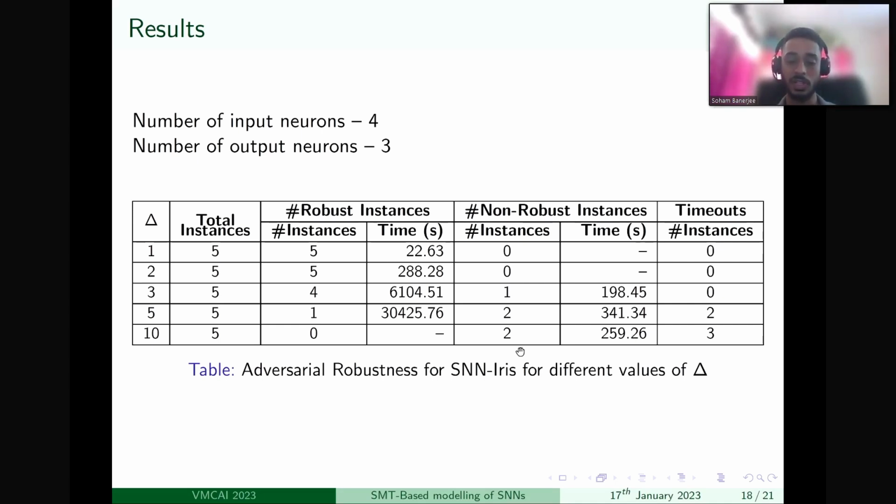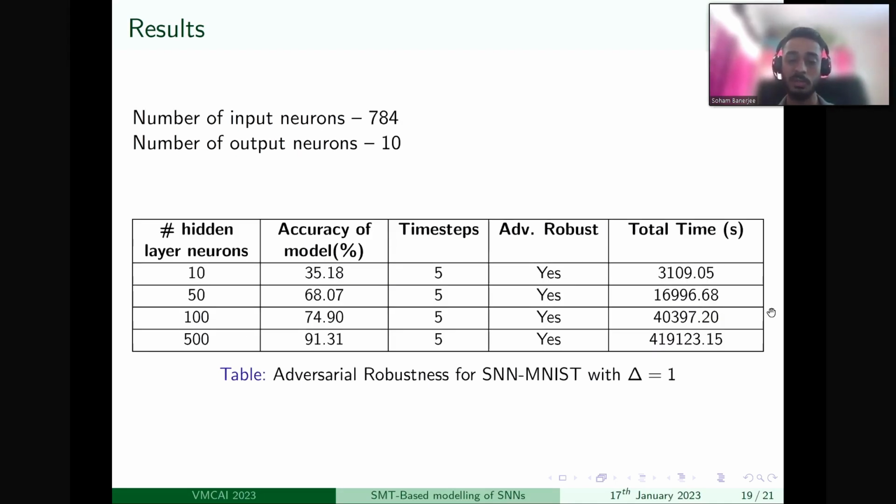We can also notice that since the increase of delta causes an increase in the number of perturbations, the time taken by the SAT solver also greatly increases and even leads to some timeouts towards the end.